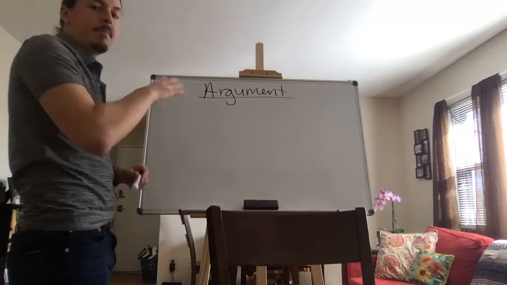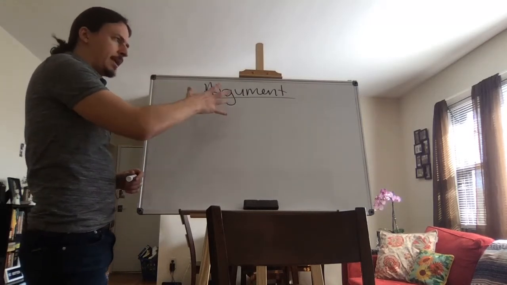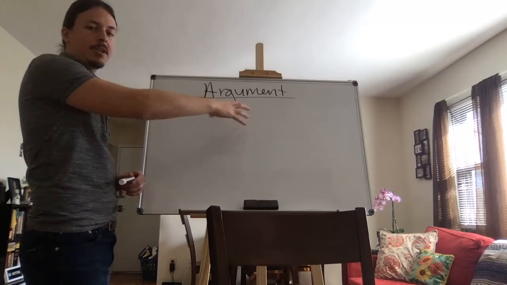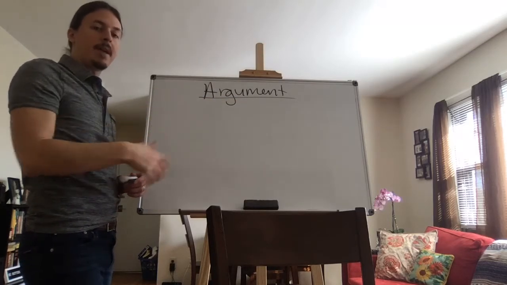So I'm going to give you a basic explanation, definition, whatever you want to call it, and then we're going to talk about a couple of key terms within that definition so that it all makes sense.